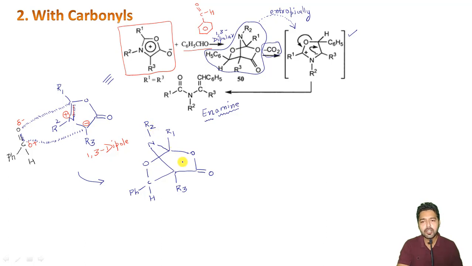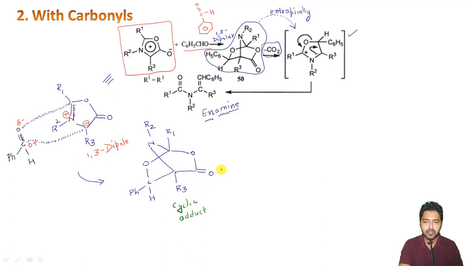And after that, whatever adduct I am having, let me write here the cyclic adduct. Okay, so this is the very first step of the dipolar cycloaddition reaction, which has given us this type of cyclic adduct.